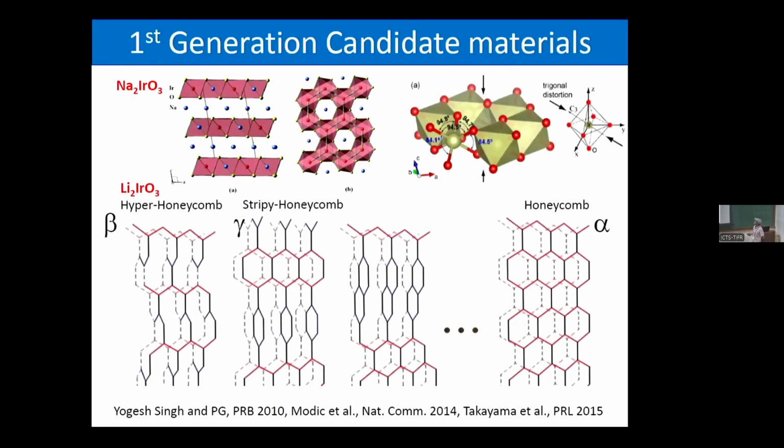The first materials which actually had the right ingredients to show this Kitaev physics were these iridates, and this is actually an old story now. Various 3D versions of these were also discovered later. And ruthenium chloride has actually become the front runner now because neutron scattering measurements on this are easier to do.